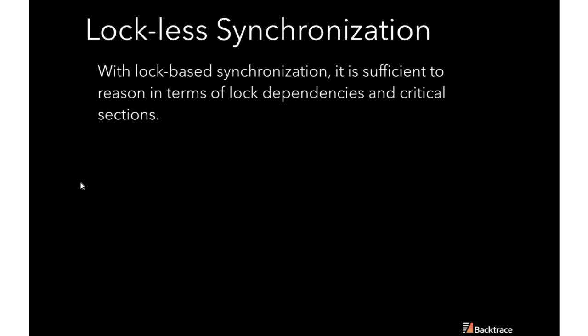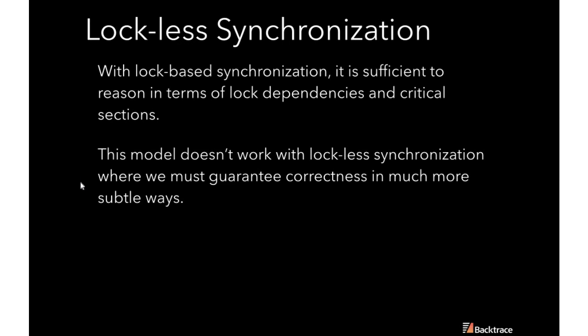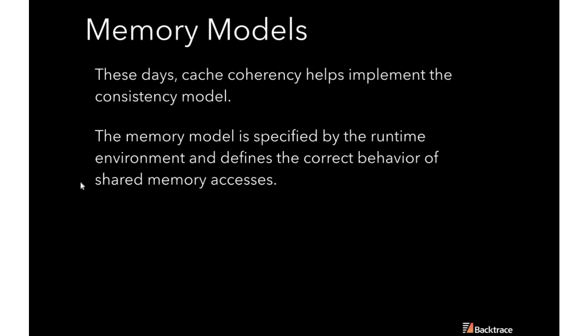There are a lot of difficulties with this approach, as we're dealing with a much larger state space. So in order to explore lockless synchronization, let's first go over some fundamentals of memory models. Cache coherency helps implement the consistency model. The memory model actually defines the correct behavior of shared memory accesses.